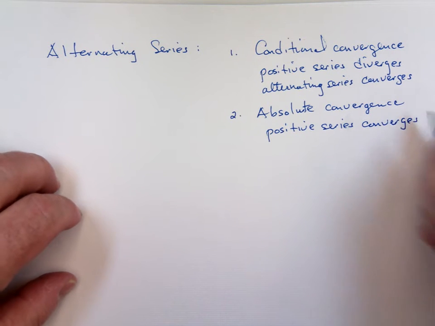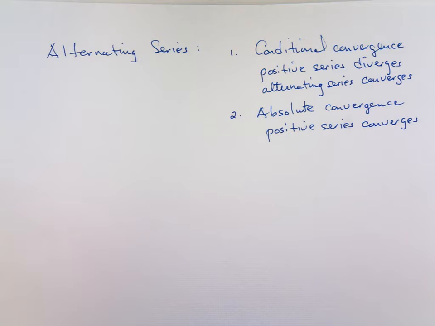Let me tell you, if the positive series converges, you don't have to test the alternating series. It's guaranteed to converge, okay? By a direct comparison test, in effect, because it's smaller than the positive series. The terms are plus, minus, plus, minus. Instead of adding all positive terms, you're adding and subtracting. So it's going to be less than that positive series. So if the positive series converges, you're done. We got absolute convergence, okay?